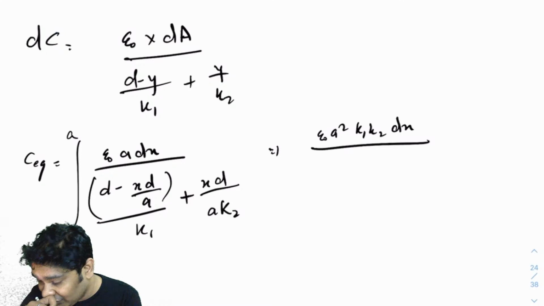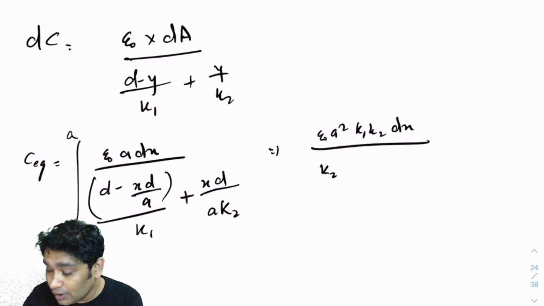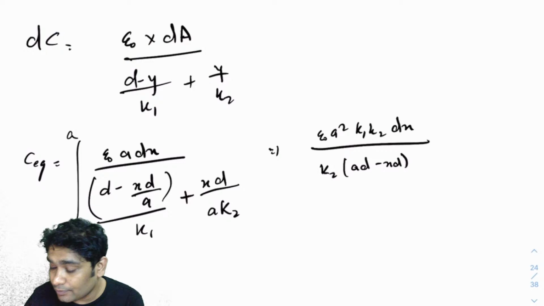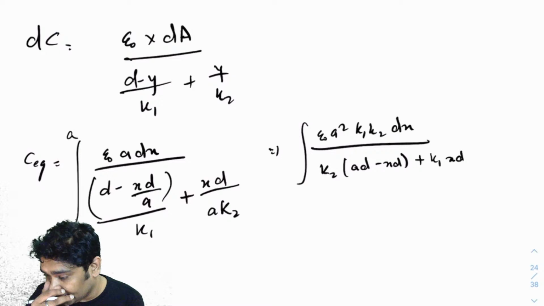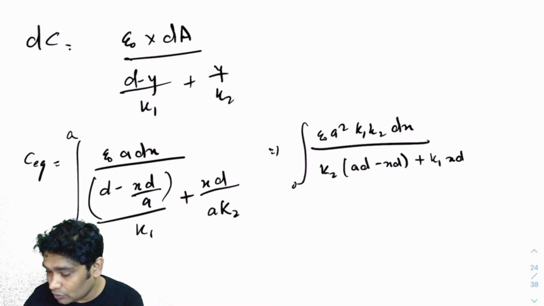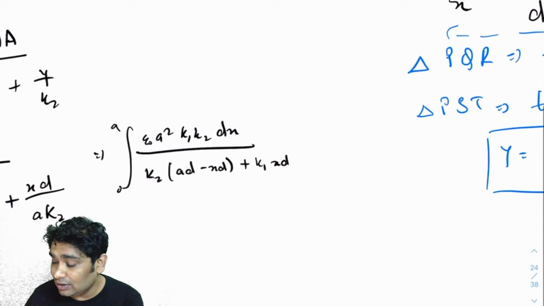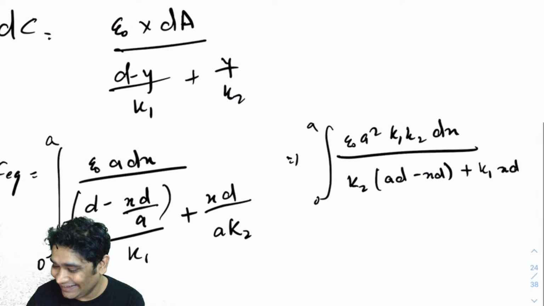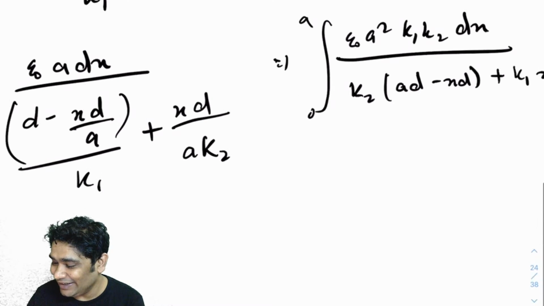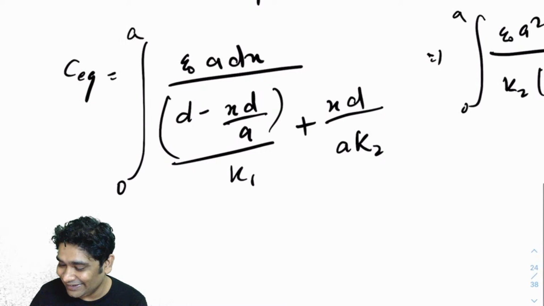In the denominator, you will have k2 ad minus xd and plus k1 xd. Alright, just solve this, you will get this. So 0 to a. Now, all you need to do is integrate this small little expression.